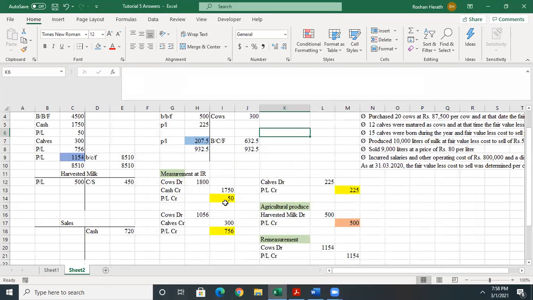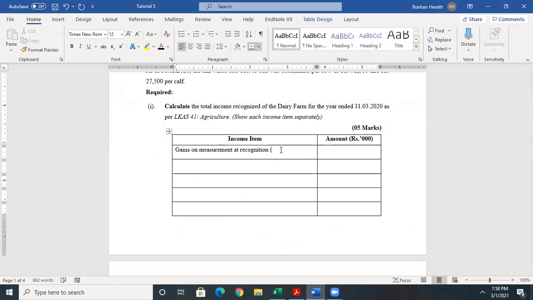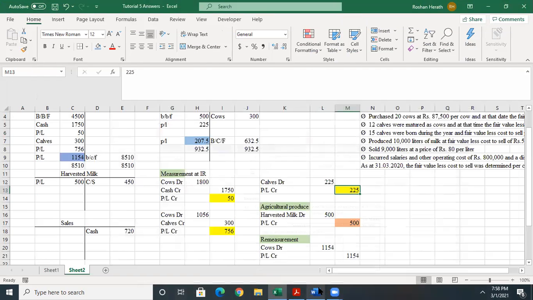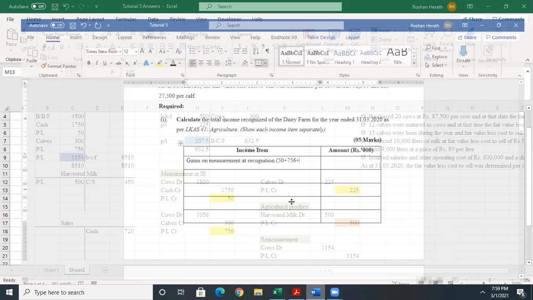You can see that here 50, 756 and 225 are all measurement at recognition. Let me put them into one category. It was 50 and 756 and also 225.